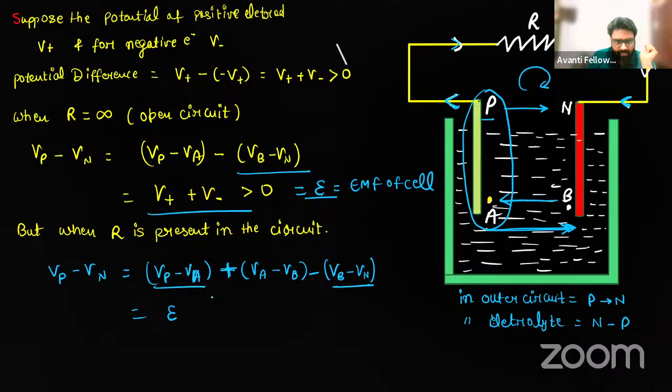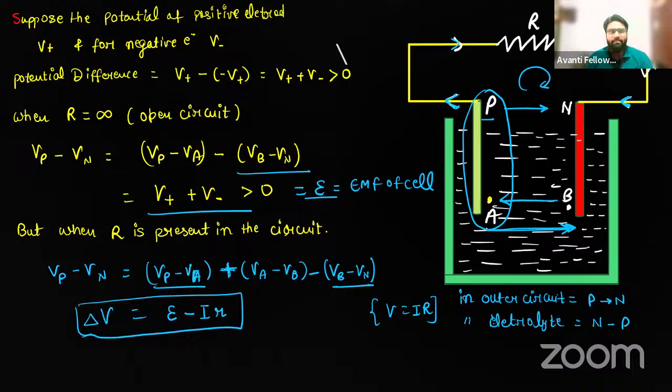ठीक है, which is termed as minus I, the value of current into r, and this is given by Ohm's law, V is equal to IR. Since I am representing it as small r, this is, let's say, delta V. So this is the case when R is connected in the circuit.